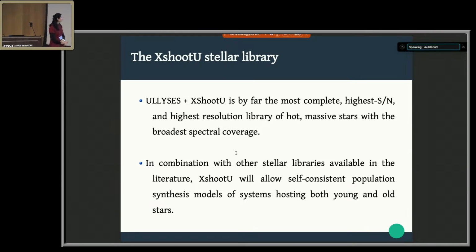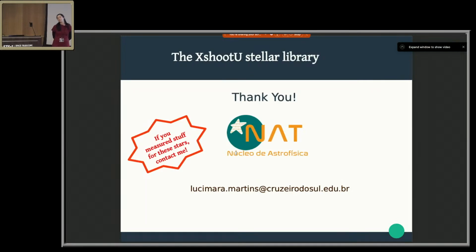And when we combine this, and this was very fortunate, because XSL was just released last year, this is going to provide the capability of creating stellar population models, both for old and young stellar populations together. So please let me know if you have measurements. Thank you.